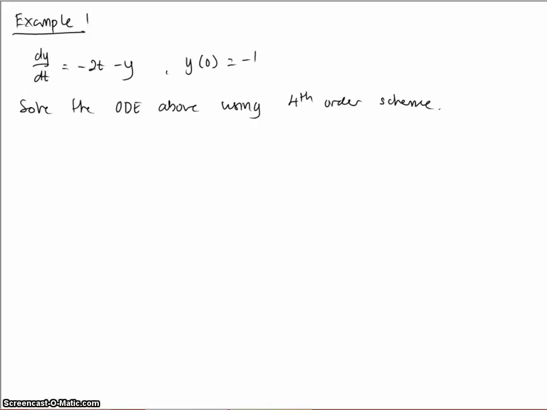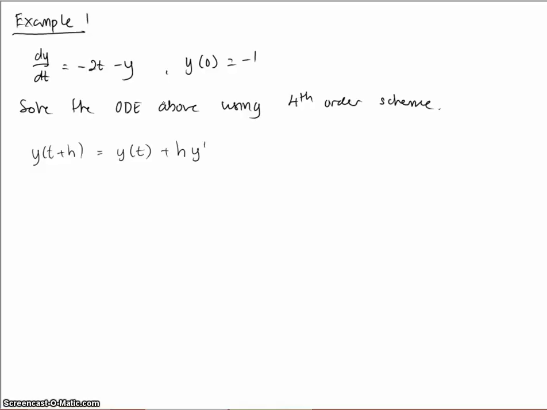Let's say you have dy/dt equals minus 2t minus y, and the initial condition given to you is y at t equals 0 is minus 1. Let's say you're going to solve this ODE using the fourth order scheme. So what is the fourth order scheme? Let me rewrite the Taylor series expansion, but instead of y_{i+1}, I'll say y at t plus h, where h is the step size and t is our current time. This equals y at t, which is your y_i, plus h y prime.